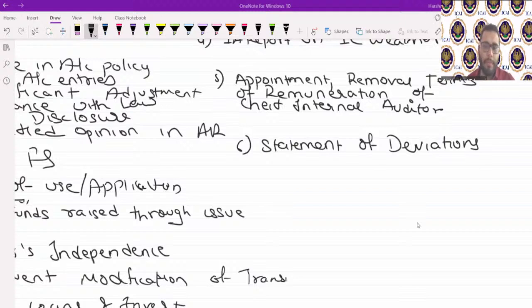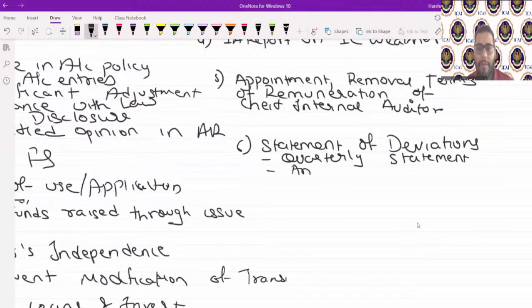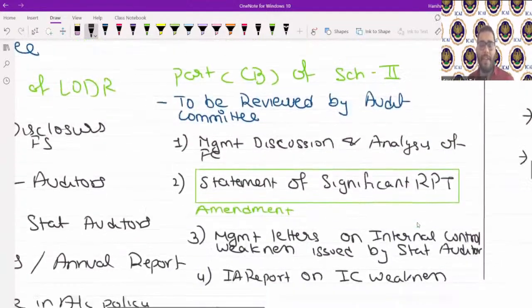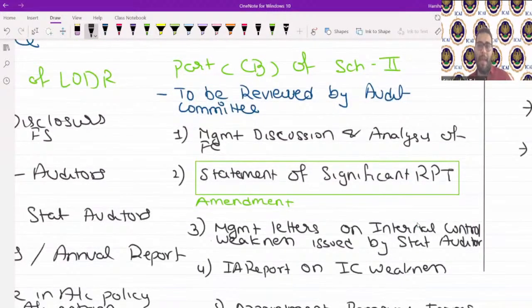So these are the statements which talk about utilization of funds. These are the things which are required to be reviewed under Part C-B of Schedule 2 by the audit committee, and this is a compliance that is required to be certified, whether the audit committee has reviewed these things or not.